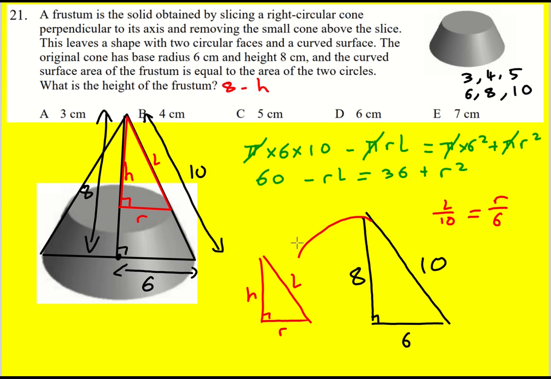L divided by 10 gives us a scale factor to go this way. We would times 10 by L over 10 to get that length, and the same for r. You would times 6 by r over 6 to get to r. So those two must be equal because they are similar triangles.